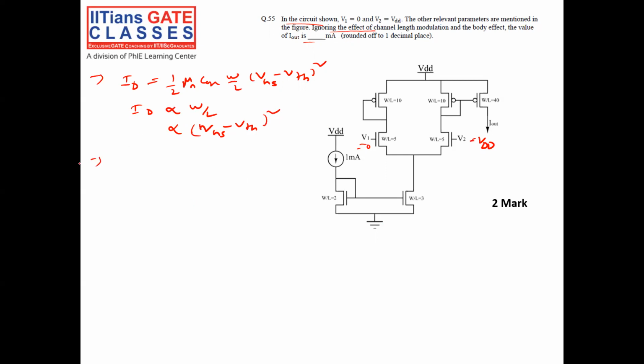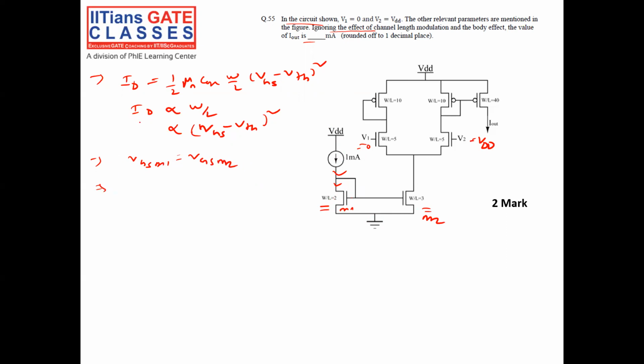So now come to this question. Suppose 1 milliampere current is flowing. It will generate a voltage so that 1 milliampere current will flow through this transistor. Suppose this is M1, this is M2. Gate is connected, source is connected, so VGS of M1 is equal to VGS of M2.